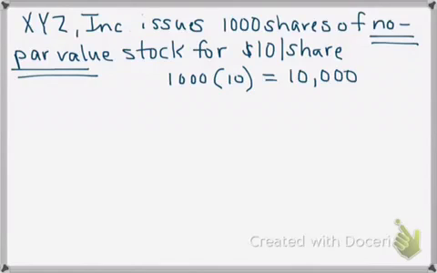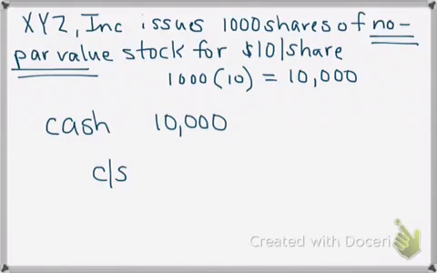So the journal entry that I will have here is I will be getting that $10,000 in cash, so that is my debit, and the credit account here is common stock for that $10,000. Again, there's no par value, so I cannot have an excess of par here. So the common stock is going to be the total amount that I'm actually receiving when I have no par value stock.